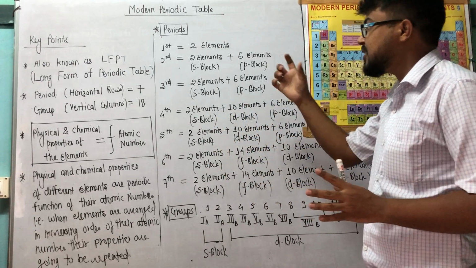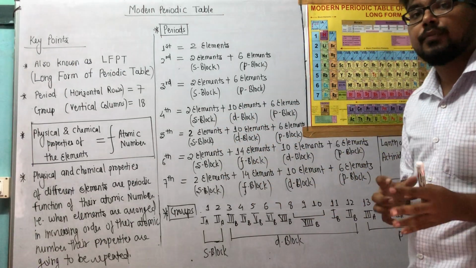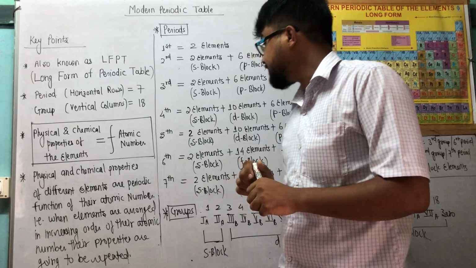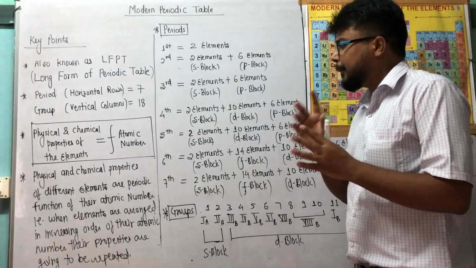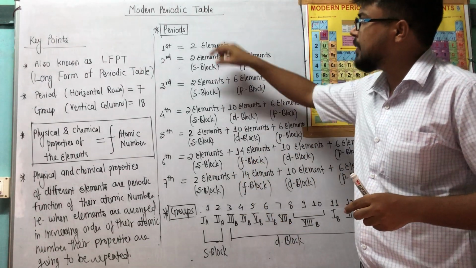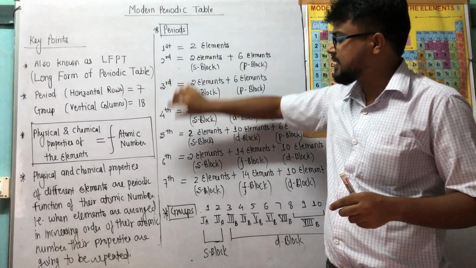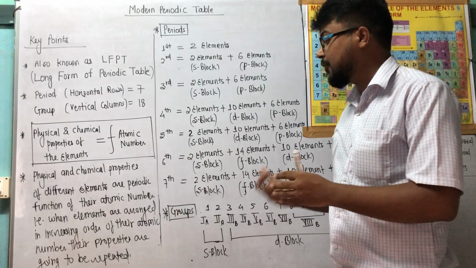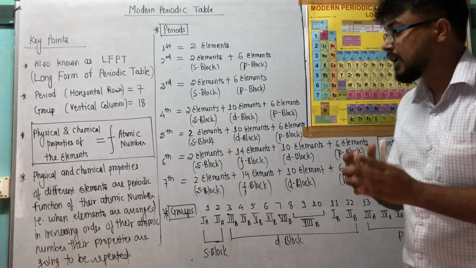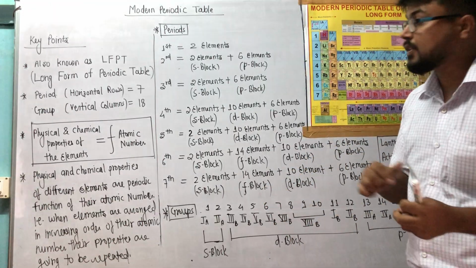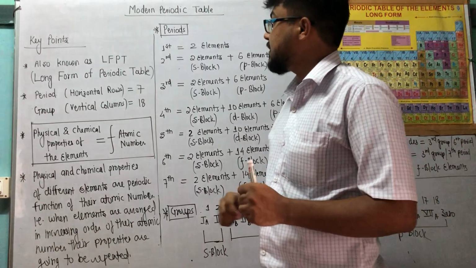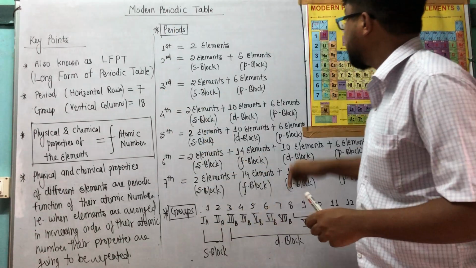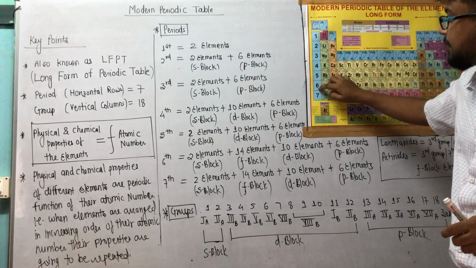After the completion of the periodic table portion, we will come to periodic properties, correct? So the important concepts for this periodic table are periods and groups. How many periods and how many groups there are in this periodic table, and how we can assign them, so that it is easier to understand. There are 7 periods in total: 1, 2, 3, 4, 5, 6, 7.